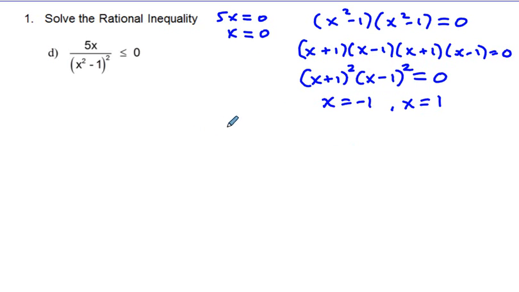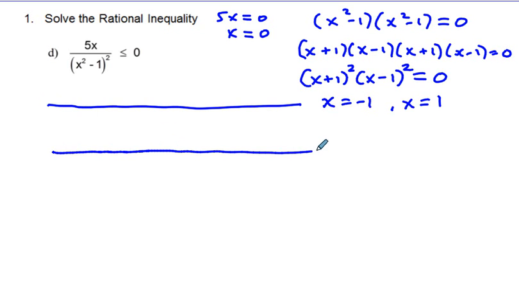So now we can take our number line. I'm going to write over here to the left to give a little more room. So our number line for the numerator, I'm going to put 5x on top here.